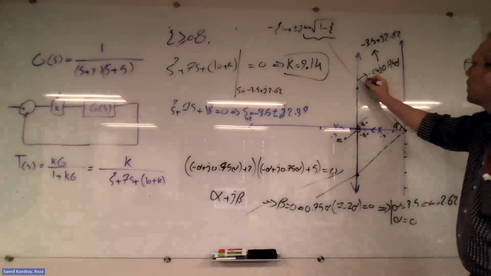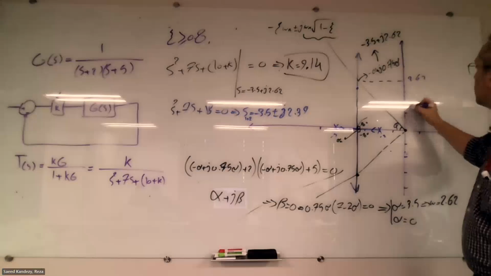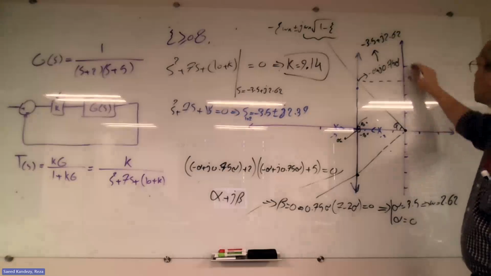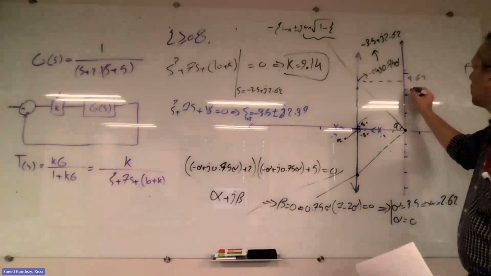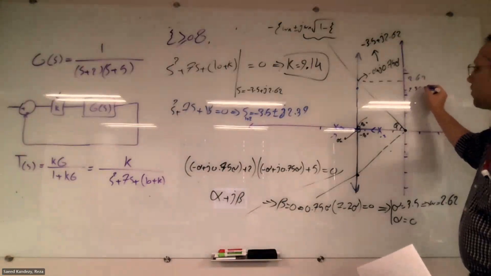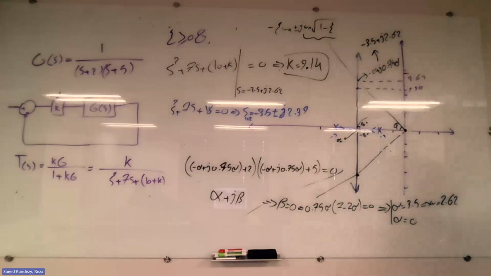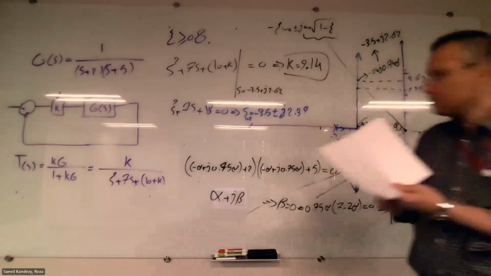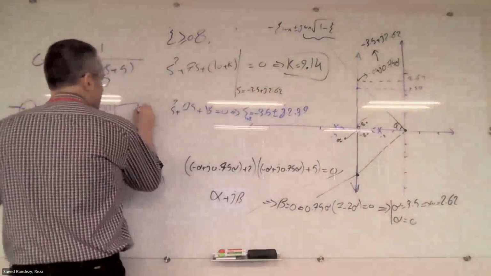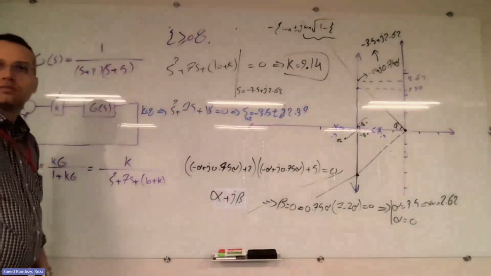This one is going to be 2.62, that means 1, 2, 3 for 3. This one is 2.39. So it ends up very good. So this is going to be my pole for K equal to 8. This is K equal to 8, then my denominator is that.